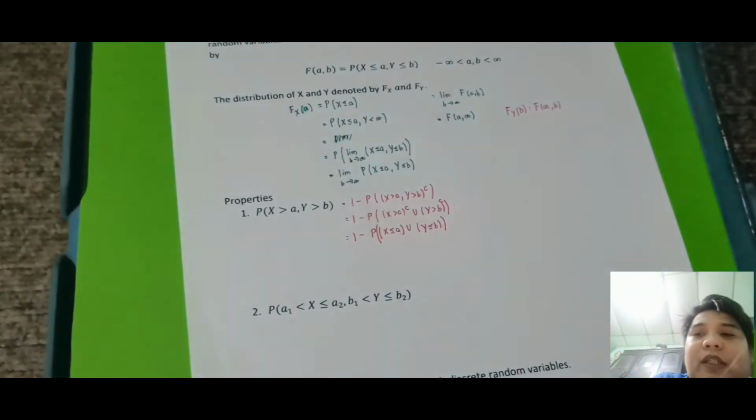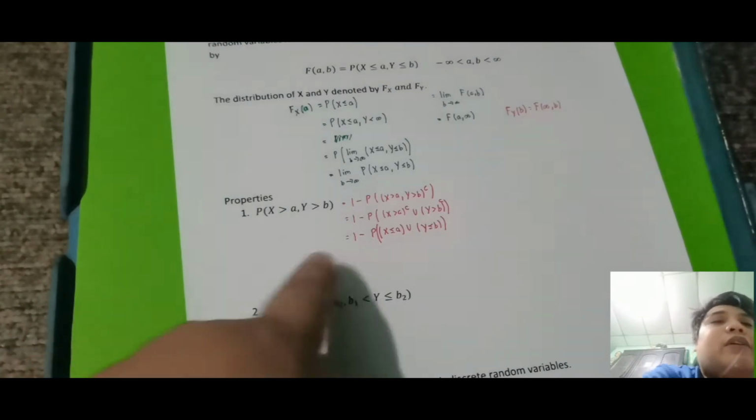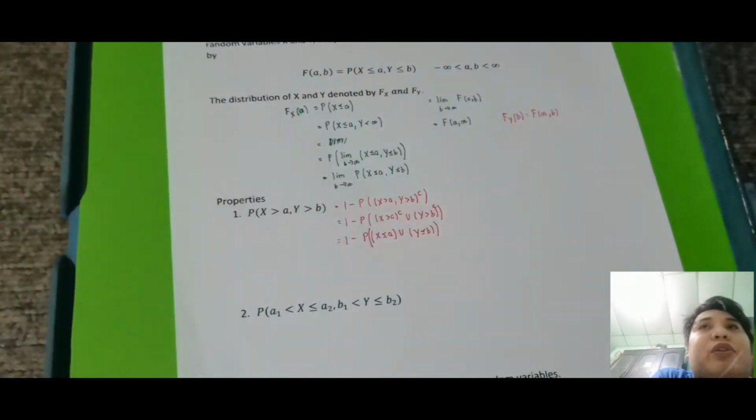So now, next is aware tayo na pag meron tayong ganito, hindi natin alam kung siya ay mutually exclusive or what. So pag meron kang probability ng A union B, pag hindi mo sure kung mutually exclusive, hindi mo pwede i-apply yung axiom 3. Okay, so apply natin dito yung proposition na kung saan ang probability ng A union B is just equal sa probability of A plus probability of B minus the probability of their intersection.